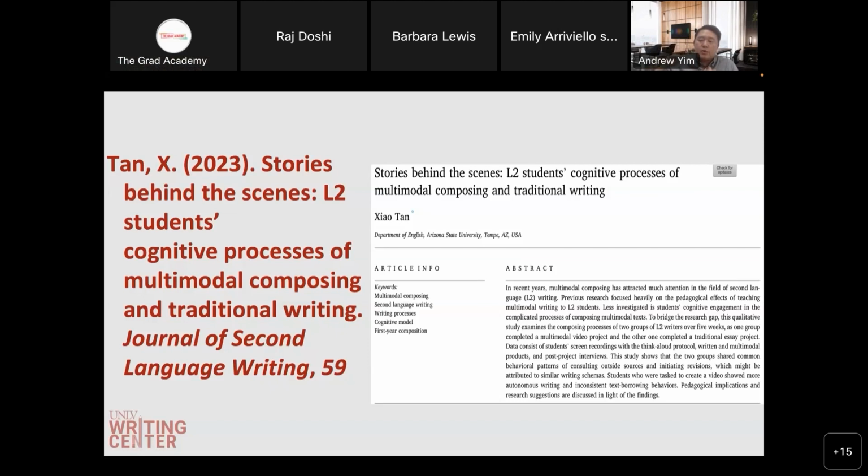results, and discussion might emerge. So this abstract says, in recent years, multimodal composing has attracted much attention in the field of second language writing. Previous research focused heavily on the pedagogical effects of teaching multimodal writing to L2 students. Less investigated is students' cognitive engagement in the complicated processes of composing multimodal texts.